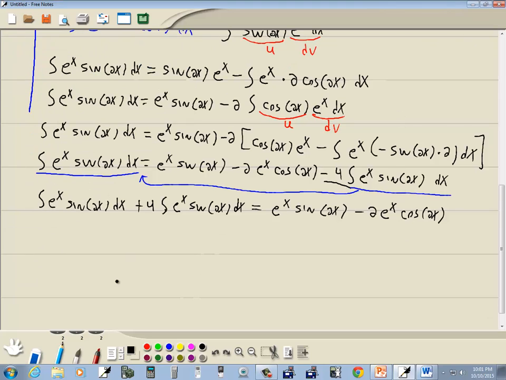Well, we treat this like terms. If we were to combine like terms, we add or subtract the numbers that are out in front. Well, same thing here. We got the invisible 1 here, and we got the 4 here, so that's going to give us 5. The integral of e to the x sine 2x dx equals the right side.